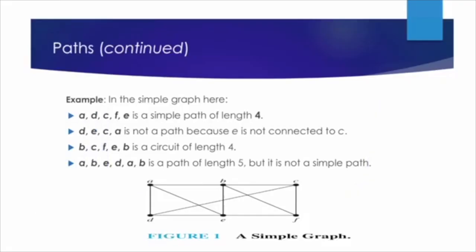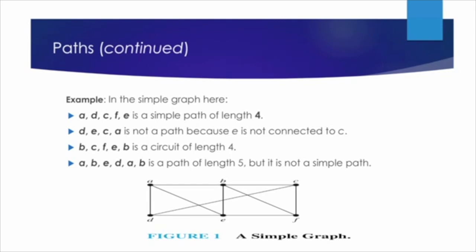So in the simple graph shown in figure 1, A, D, C, F, E is a simple path of length 4, because the edges {A, D}, {D, C}, {C, F} and {F, E} exist. However, D, E, C, A is not a path, because {E, C} is not an edge.